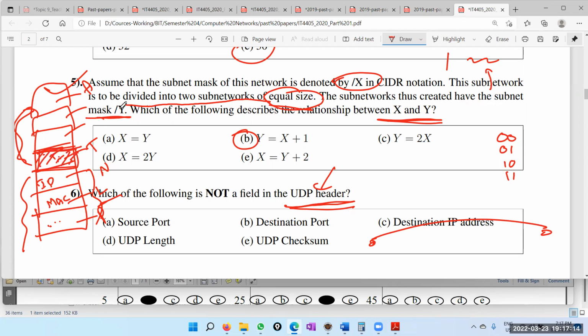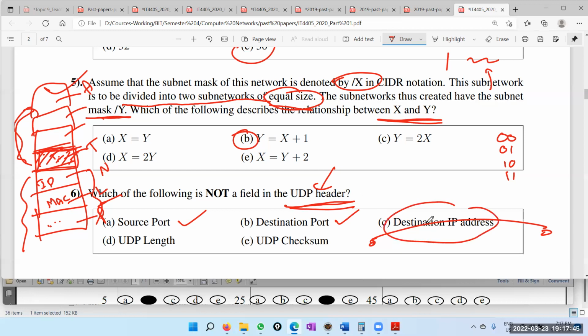Now let's see the answers. Remember, the port number is a very critical part of the UDP header. So the source port must be in the UDP header. The destination port must also be there, because the source IP and destination IP are in the IP header, while the source port number and destination port number are in the UDP header.